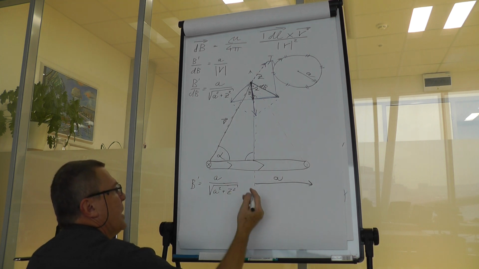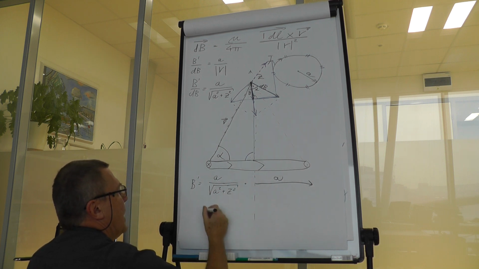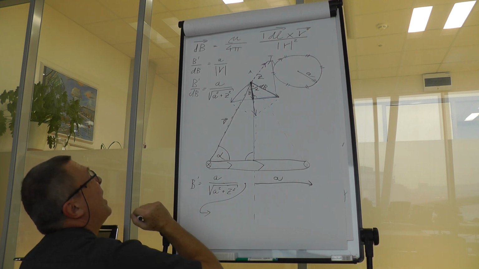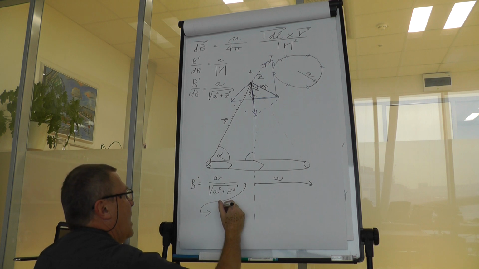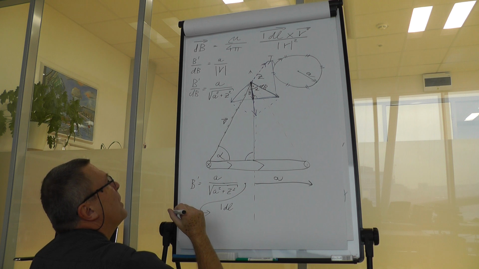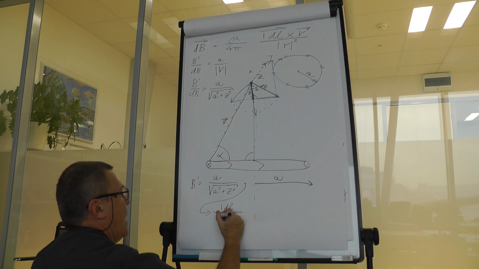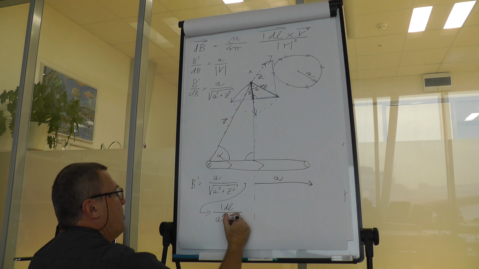That's the first equation, and then it continues multiplied by I dl over r squared, and r squared is a squared plus z squared.